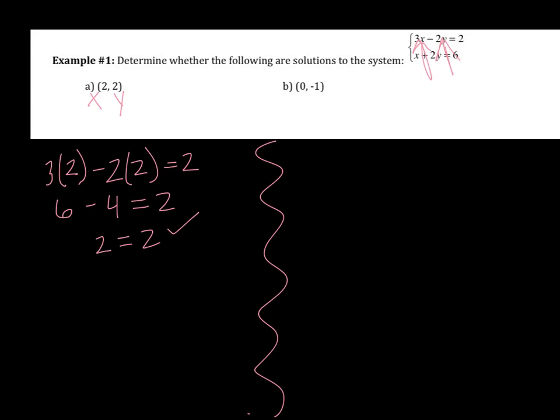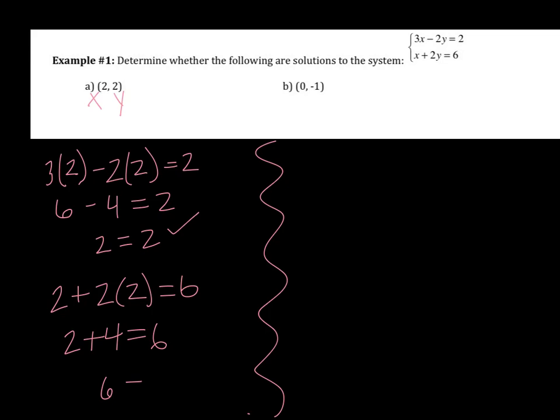And then check the second equation. We have x plus 2y equals 6. So 2 plus 2 times 2 equals 6. 2 plus 4 equals 6. 6 does equal 6. So that's good. Yes, that first one, letter A, would be a solution to that system of equations.